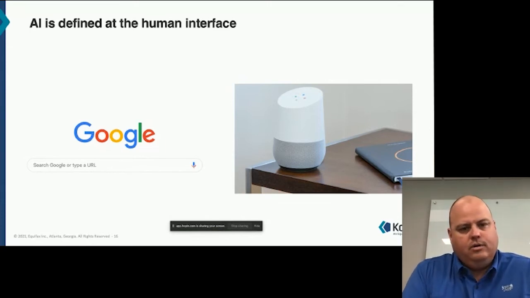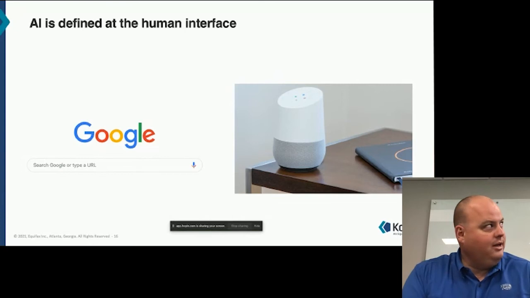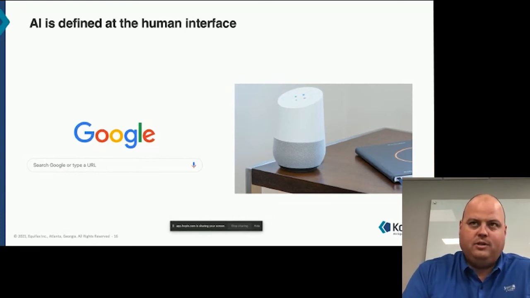I've got Google and Google Assistant here. If you're looking at that search bar and you think about how you would use the search bar, your brain is already probably wiring into thinking about how to run a search. You put in keywords, you leave out a bunch of other words. You don't try to make syntactically correct sentences. You leave out words that you think might bring up something that's not relevant to your search. You might start thinking about exclusions and other rules that you want to put on this.